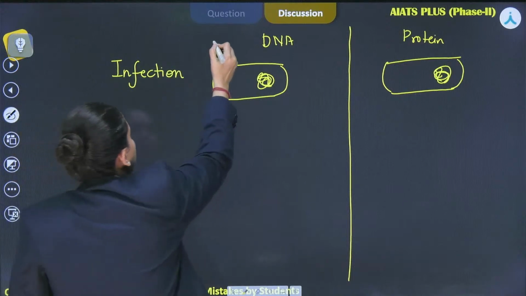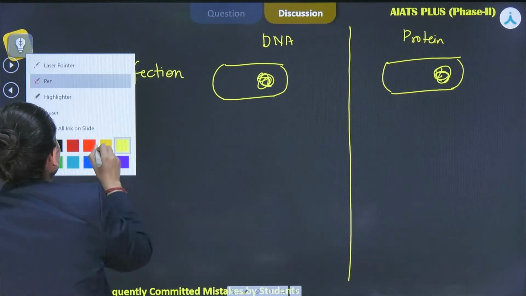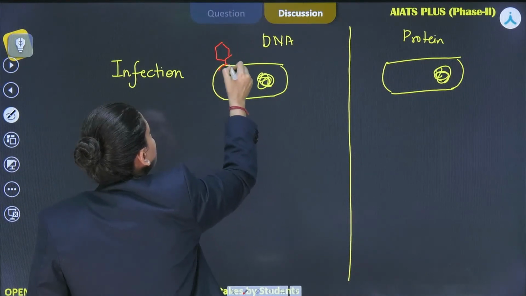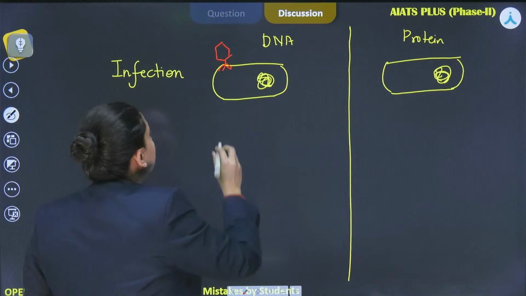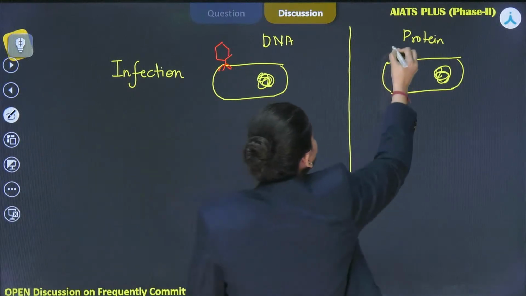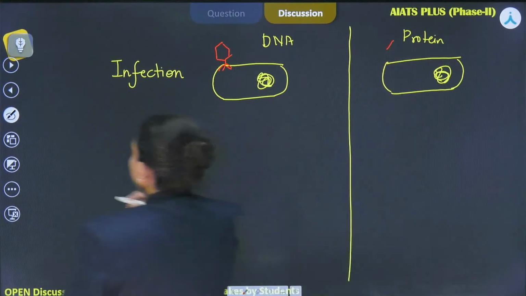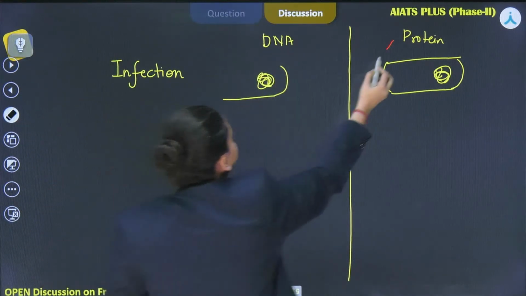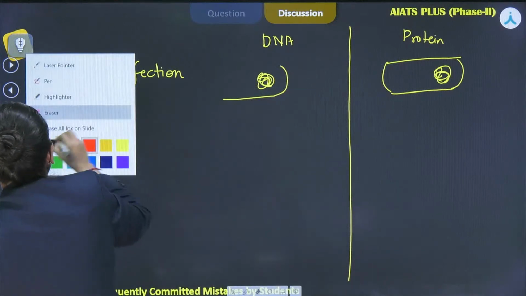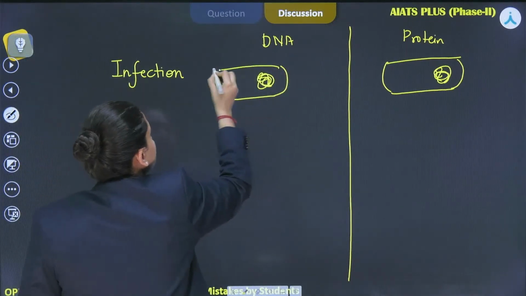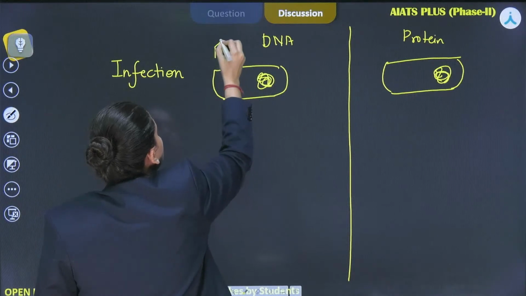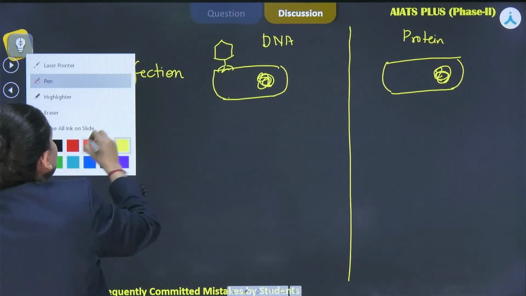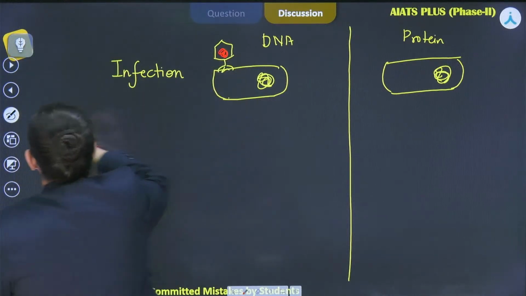Now, let's suppose we are taking the viral particles, right? So over here, when we are taking the viral particle, let me just correct it up. We are going to take the red things to say that these things are labeled. So over here, let's say this is the viral particle and its DNA is being labeled, right?